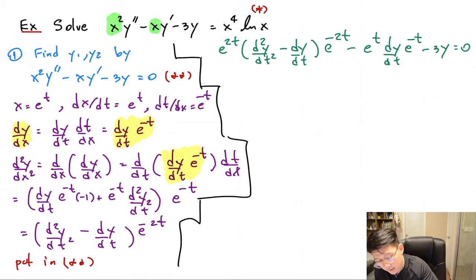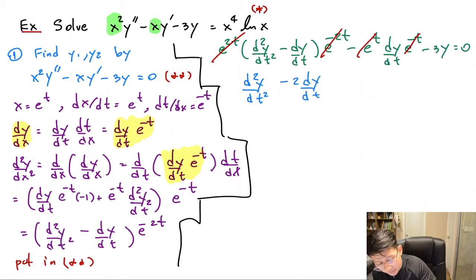Okay, and here the exponentials cancel out again, and we have that d squared y by dt squared minus 2 dy by dt minus 3y equals 0.